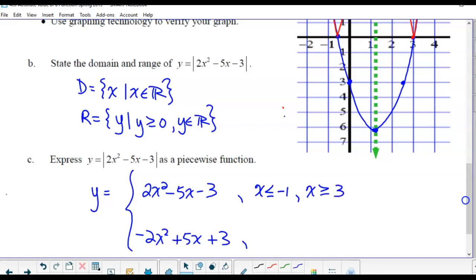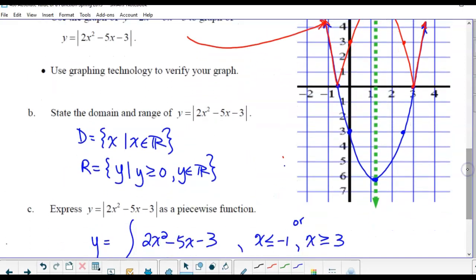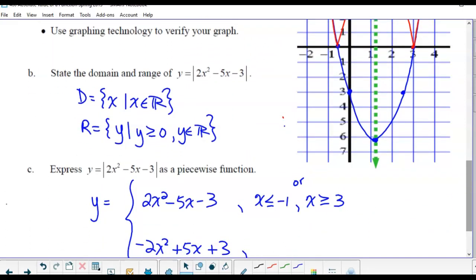Okay. You can use a comma or the word or. Or actually the letter union as well. Oh, right. Sorry. Negative 1/2. Thank you. Just checking to see if you're paying attention.